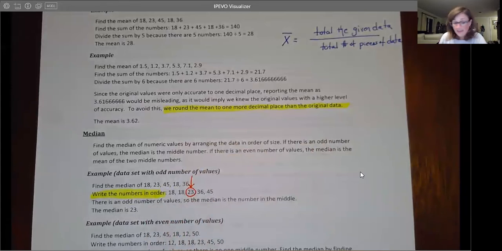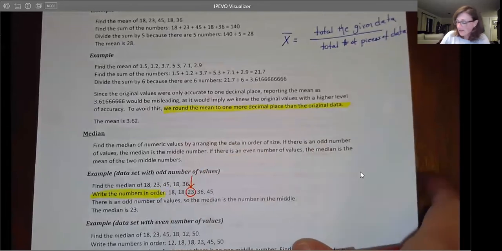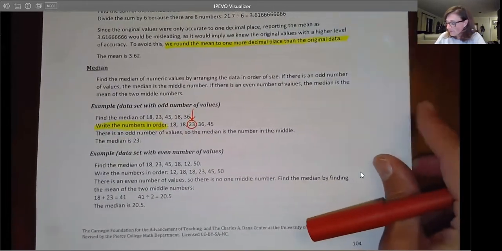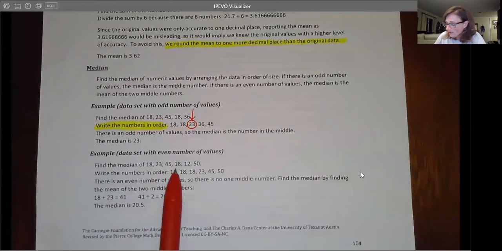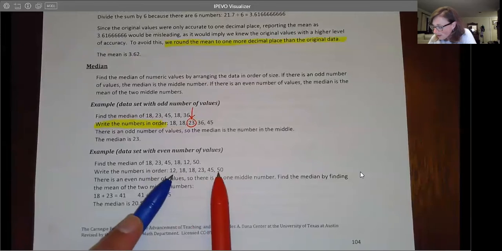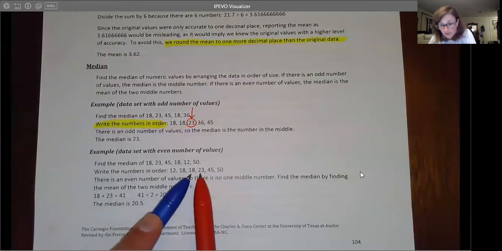All right. Now that's as if you have an odd number of data values. But if you have an even number of data values, right? So here's the set of data. Here they put it in order. If we work our way to the middle, you stop at 2 separate pieces of data.